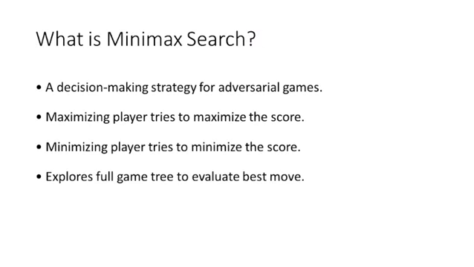Now, how will the min-max algorithm work? What is the min-max search algorithm? Min-max is a decision-making strategy for adversarial games. What is an adversarial game? An adversarial game is a multiplayer game in which there are two players, one is max and one is min.